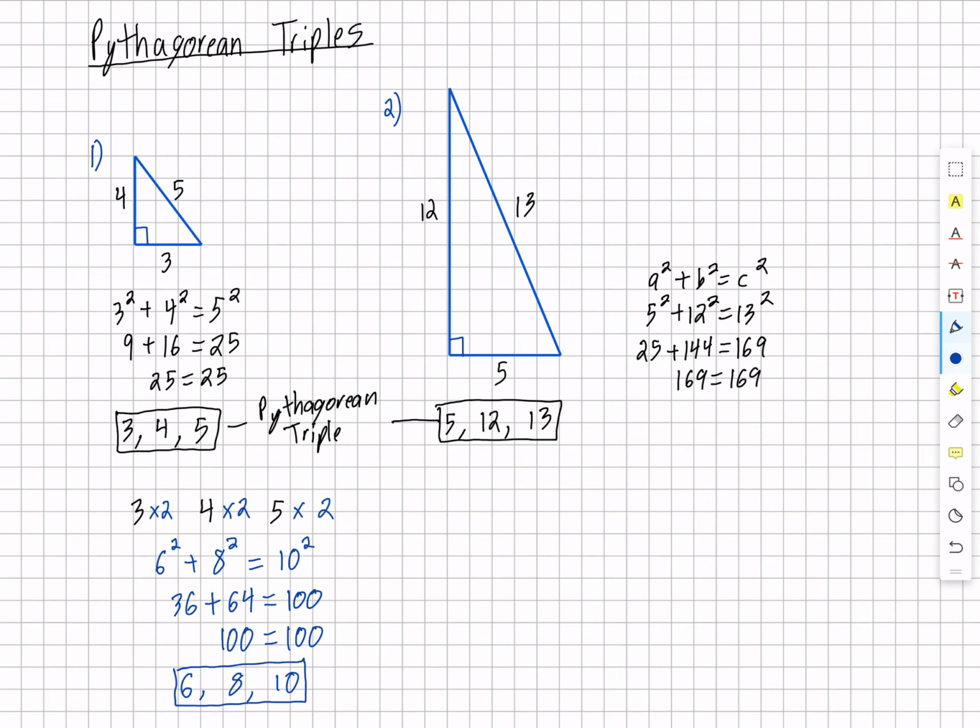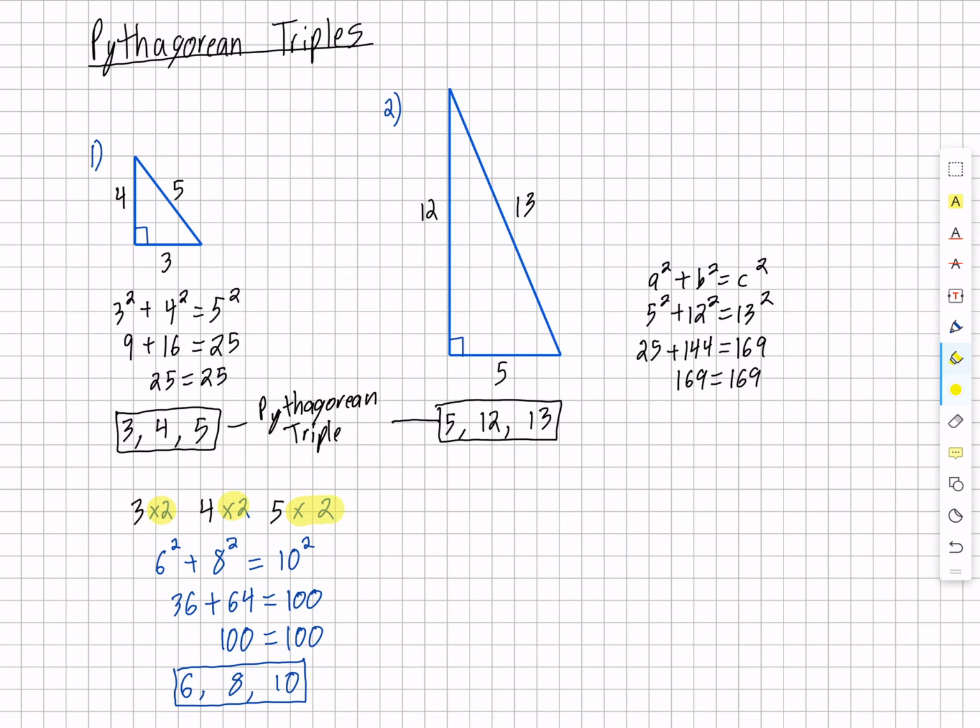So if we see a triangle with side lengths that are multiples of 3, 4, 5, that may be a Pythagorean triple. We just got to be careful and make sure that they're each being multiplied by the same thing. So this one's multiplied by 2, multiplied by 2, multiplied by 2.